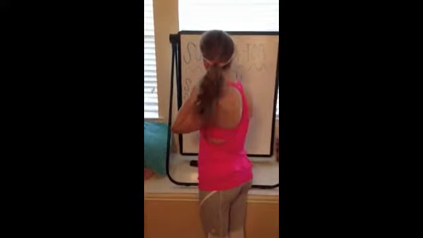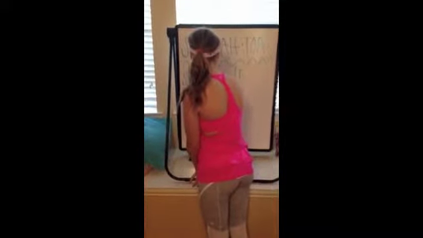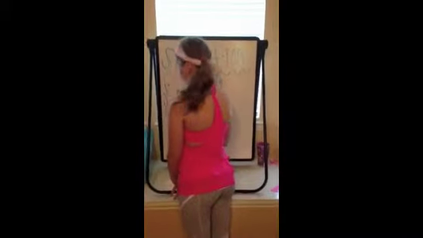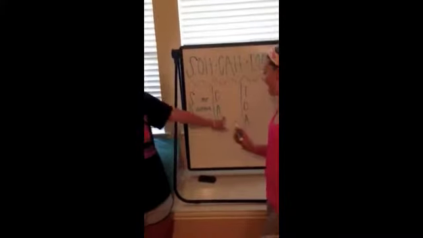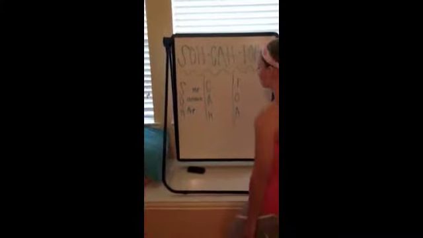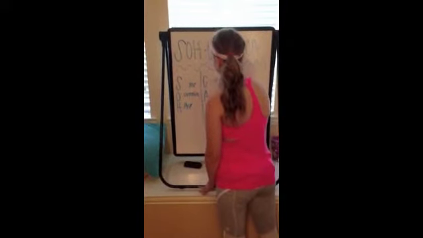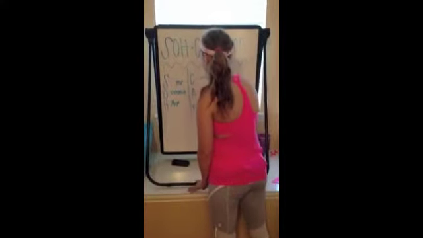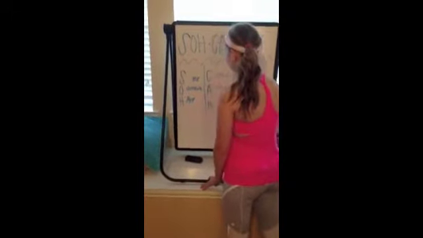So what does SOH stand for? S is sine, O is opposite, H is hypotenuse. What does CAH stand for? Cosine, adjacent, hypotenuse.